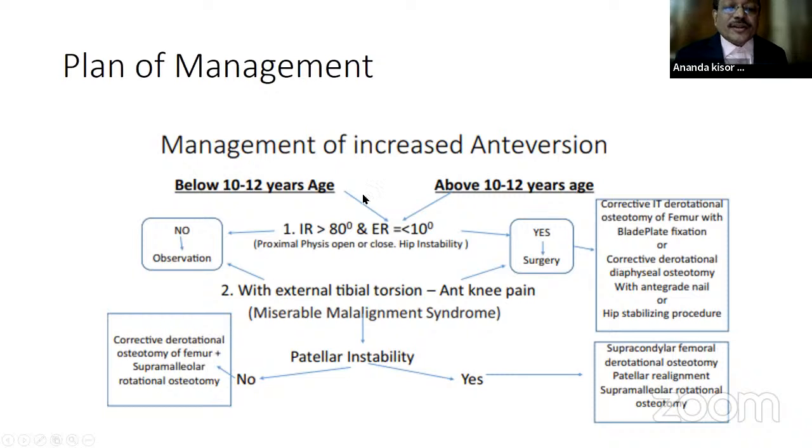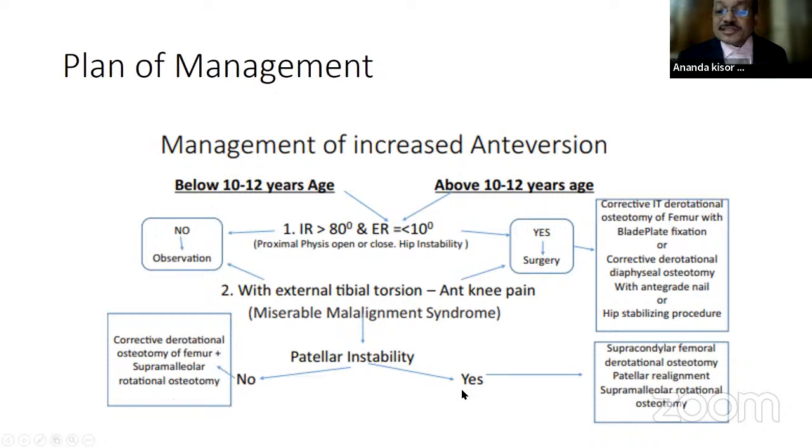Another important point is if these are not there, but there is external tibial torsion, we check whether the patient is complaining of anterior knee pain, as this patient is, and that may be a feature of miserable malalignment syndrome, basically due to patellar instability. If the patellar instability is not there, but the patient is complaining of anterior knee pain, we can do the corrective derotational osteotomy of the femur plus supramalleolar rotational osteotomy.